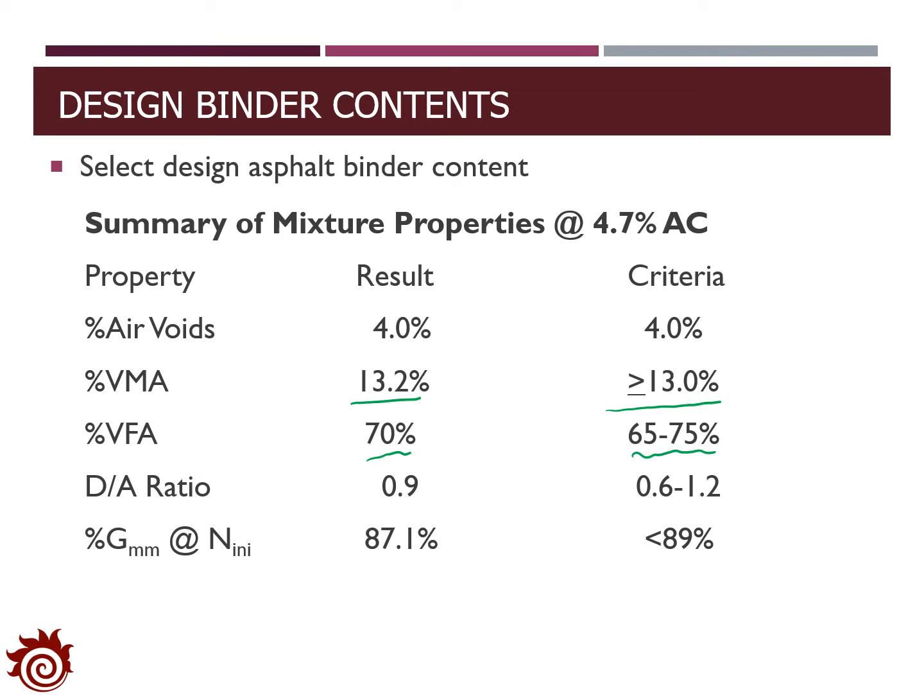The dust proportion value is 0.9, and it's also between 0.6 and 1.2. Also, we have the maximum specific gravity at N initial as 87.1%, and it's less than 89% as required. So we can see that this design is reasonable for the super pale mix design.